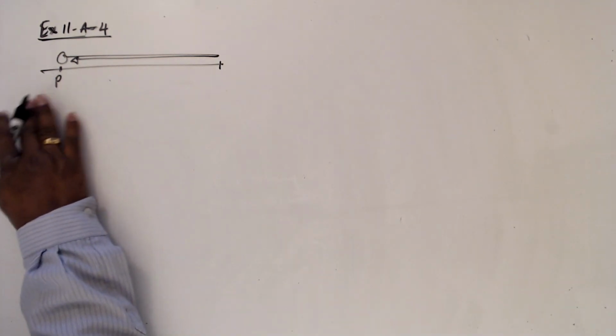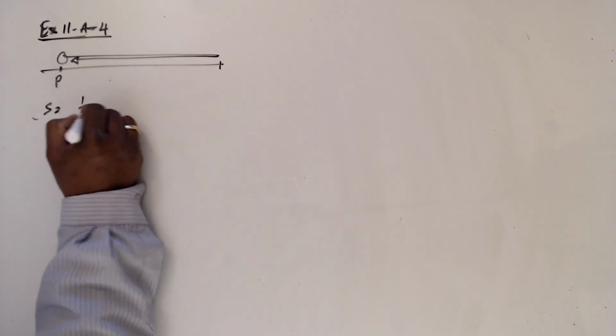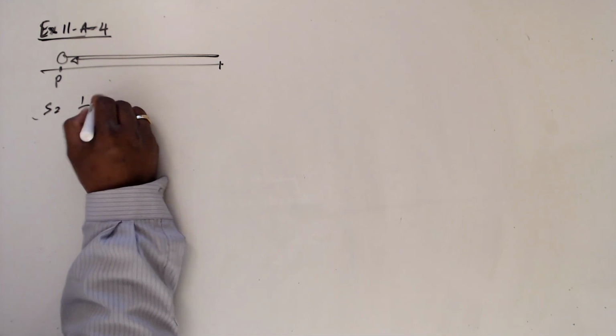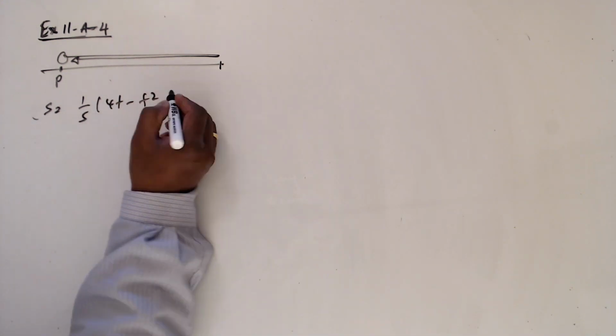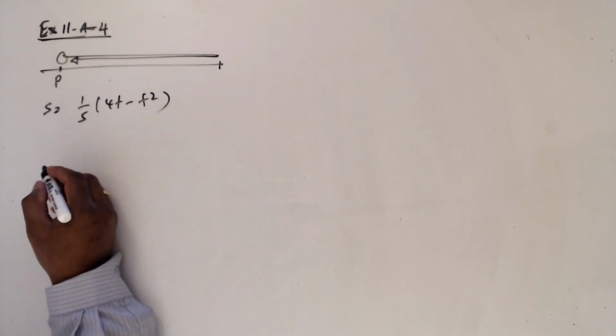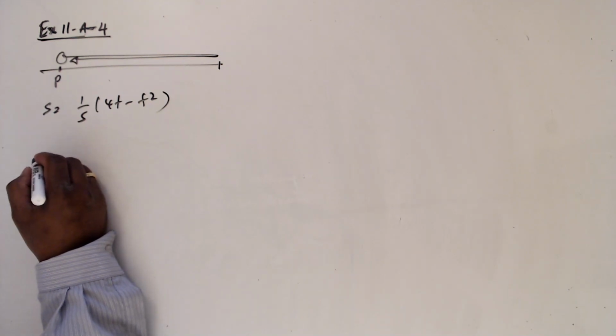The relationship between distance and time is s equals 1 over 5 times (4t minus t square). The first part is to find the maximum displacement.